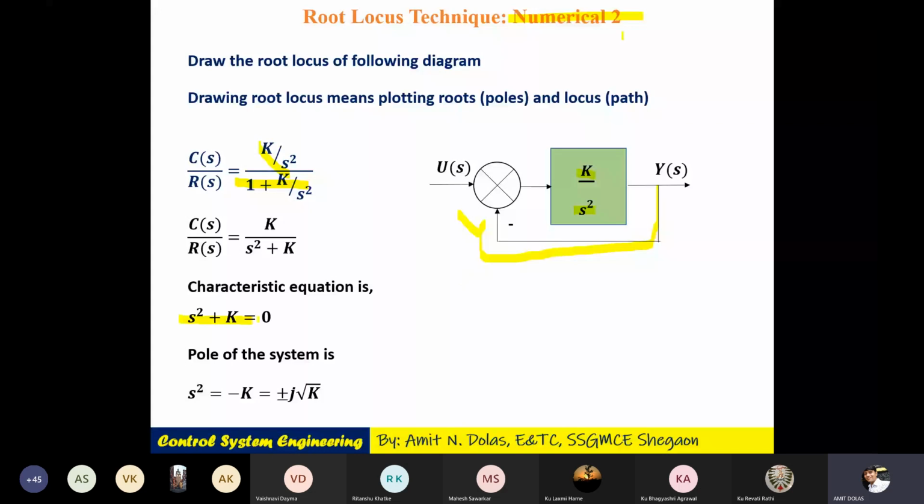Where is pole then? S square is equal to k. Therefore, यहाँ पे लिखने में मैंने डायरेक्ट लिखा है, so s will be equal to plus minus under root of k. Am I correct?